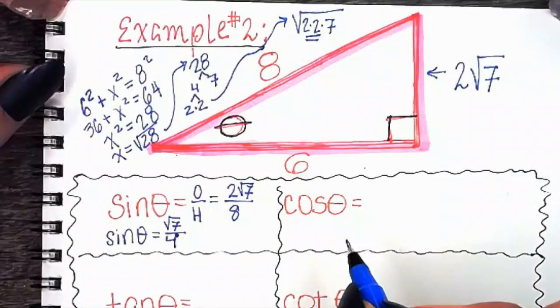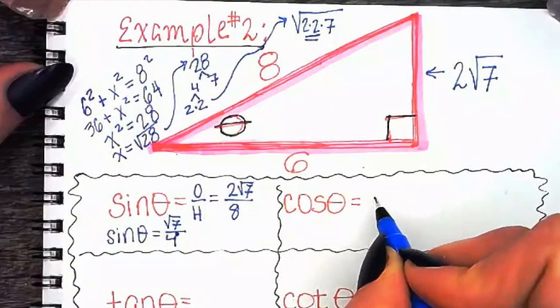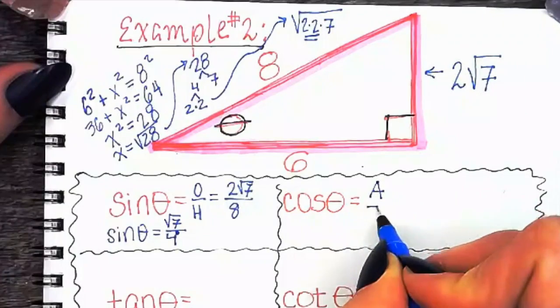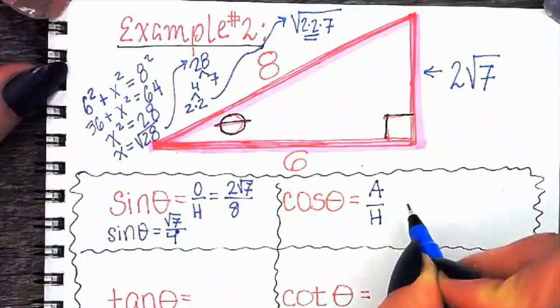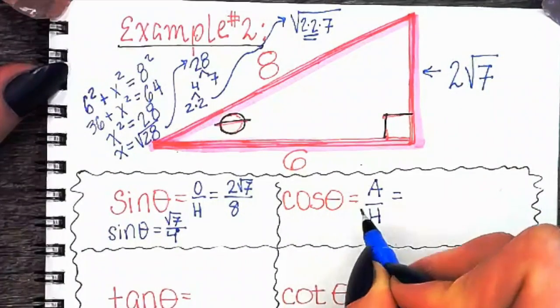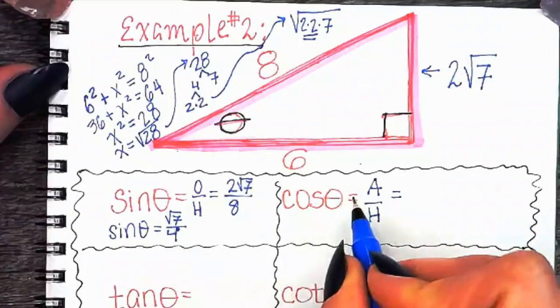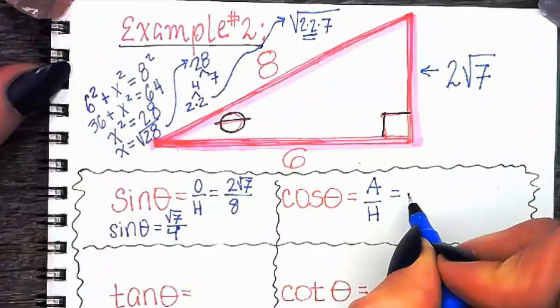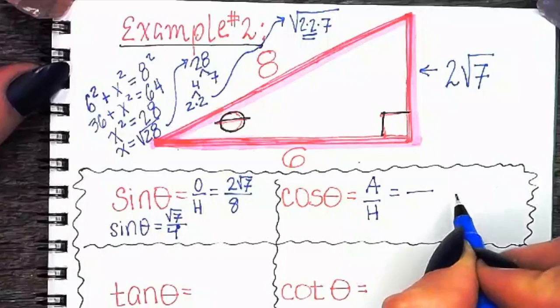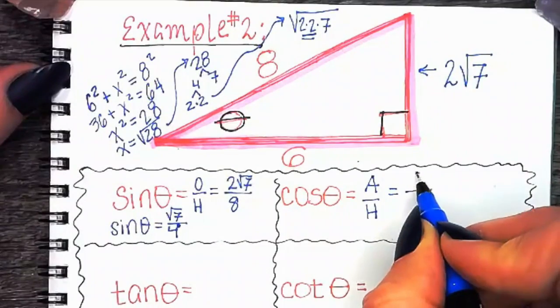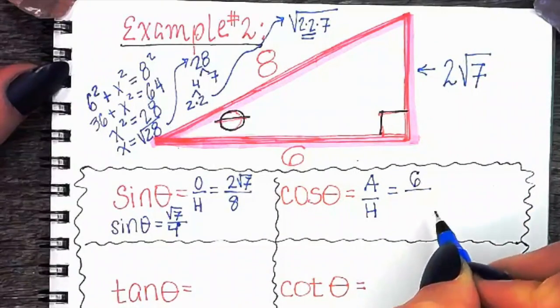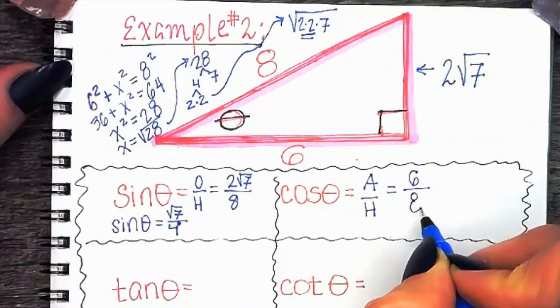Next up, cosine. What's the ratio for cosine? Cosine is adjacent over hypotenuse, or CAH in the SOH CAH TOA. Adjacent, what side is adjacent to theta? And what side is the hypotenuse?